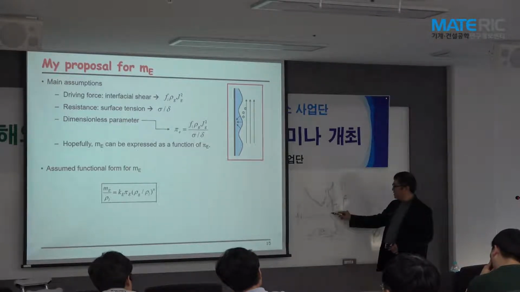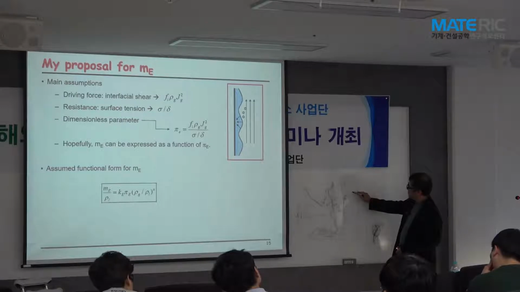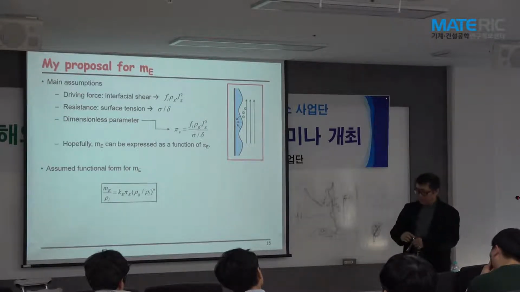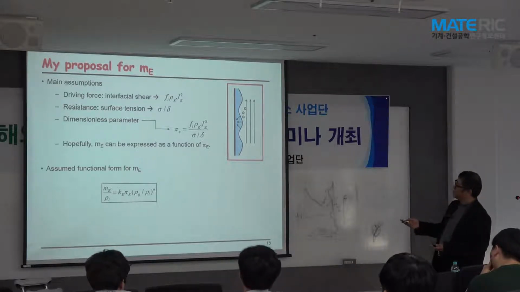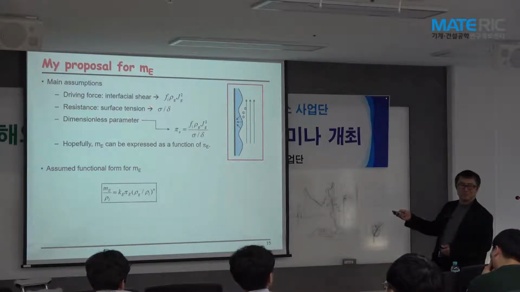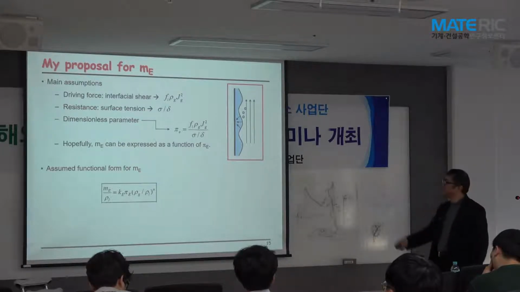How can we evaluate the curvature here? My assumption is, if the film is thick, it may be like this; a thin film, like this. Therefore, my assumption is that the curvature radius may be proportional to the film thickness.